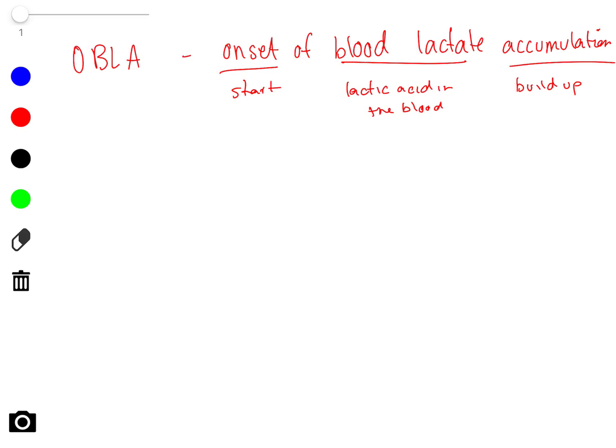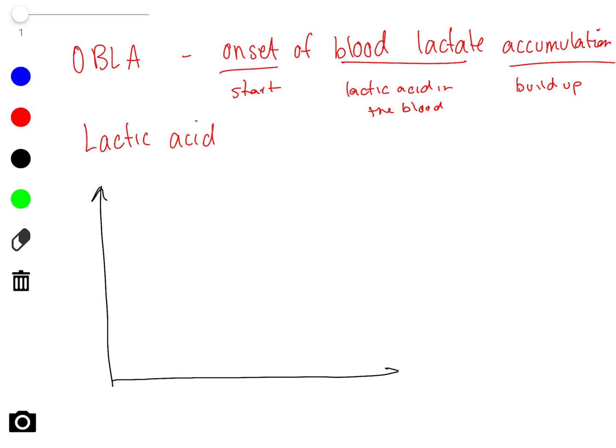So we know that lactic acid is coming from the lactic acid energy system. It's a byproduct of using that system to resynthesize ATP, because there is not enough oxygen to clear that from our system. So we're going to use another graph to explain this concept.